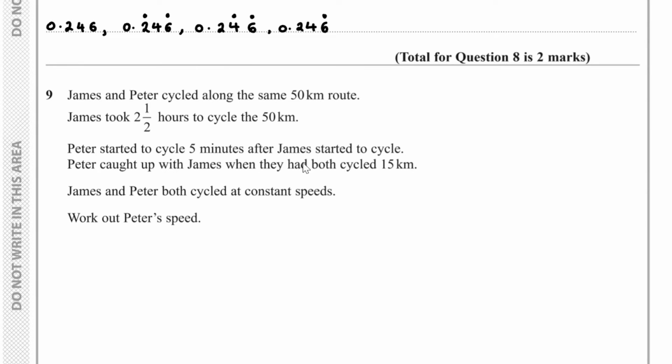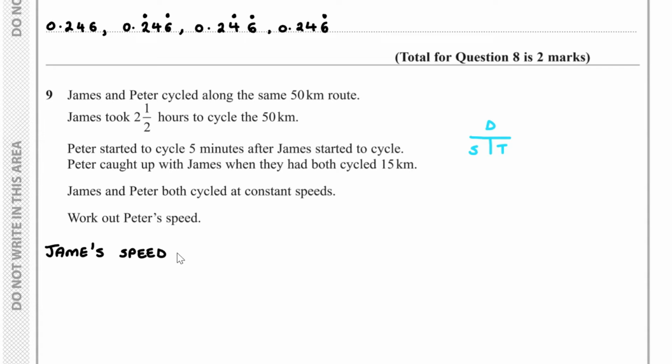Well, of course, here we'd have to use the formula. Speed equals distance over time. Now, let's concentrate on James's speed. We've been given his distance and we've been given his time. So with this, we can find out the speed.